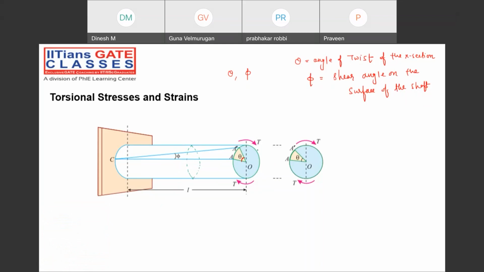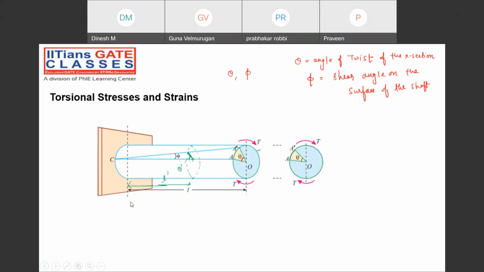One cross section I'm showing you, this one at the free end. The other cross section, let me take at a distance of L1, suppose. Now in this case, what will be my conditions? Suppose I am representing this with theta dash, and this I'm taking at a distance of L dash. Right?